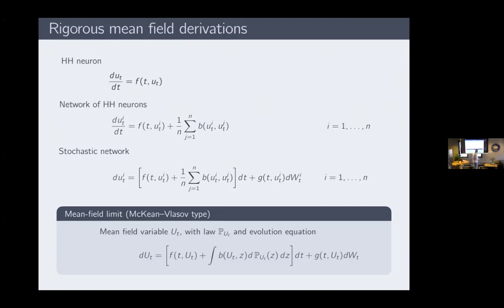So in the past incarnation, what you saw is that in here there was a term that was computable at time t. In here, if you want to make sense of this, you have to effectively compute the expectation at time t of U under its own law, under its own probability distribution. And of course, that's something that is determined by u_t itself as you're progressing.